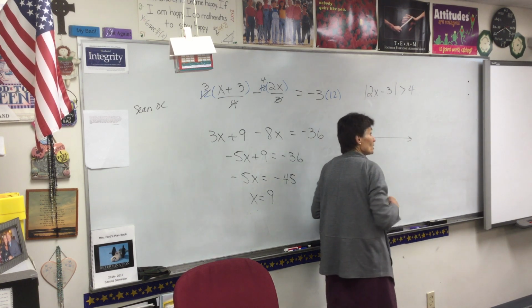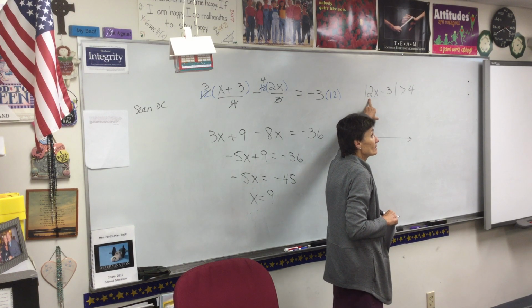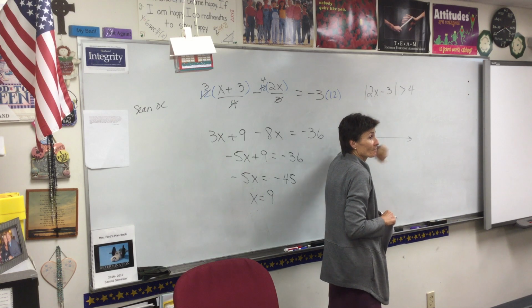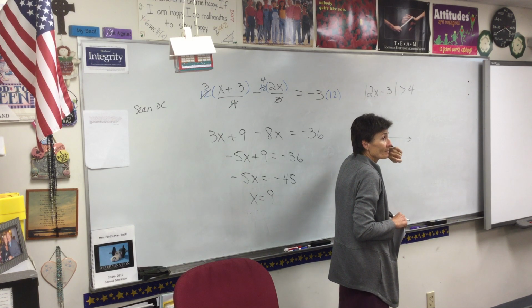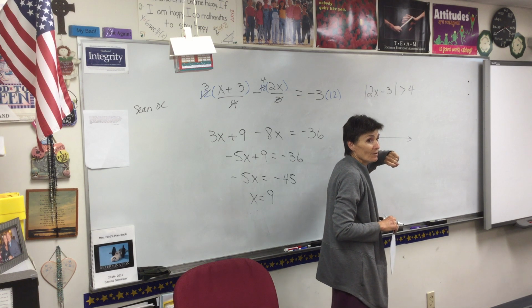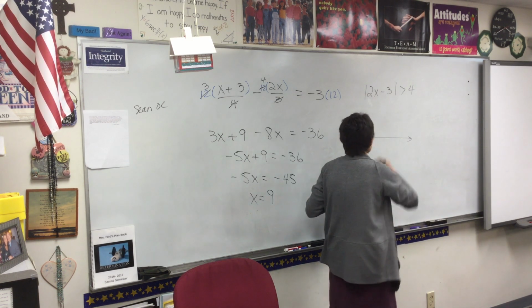Yeah, no. I'm going to use a number line, but first, what do I do about this? Lauren? Well, I'm going to do that, but first I have to do something else. Elliot? Divide everything by 2.